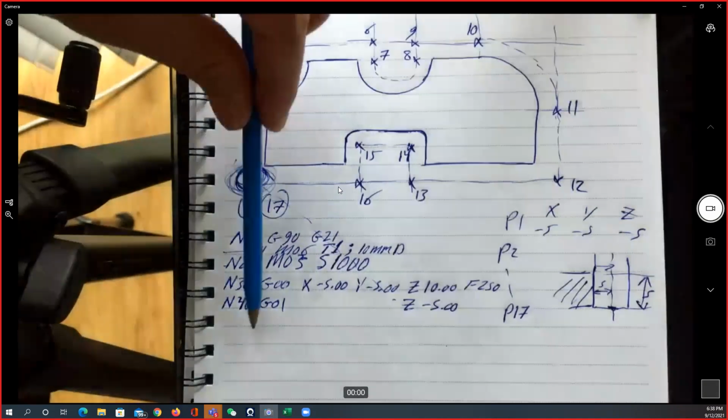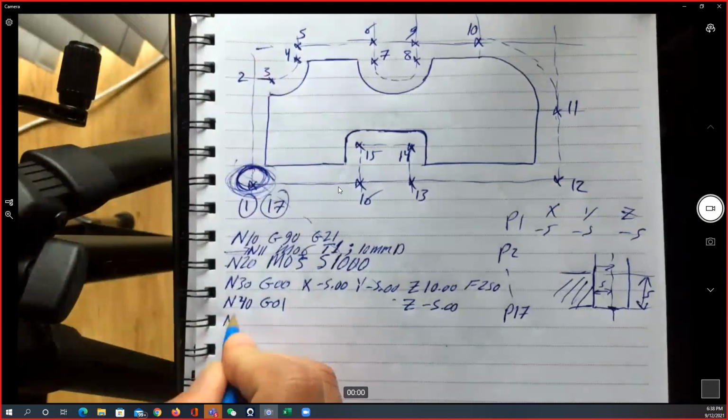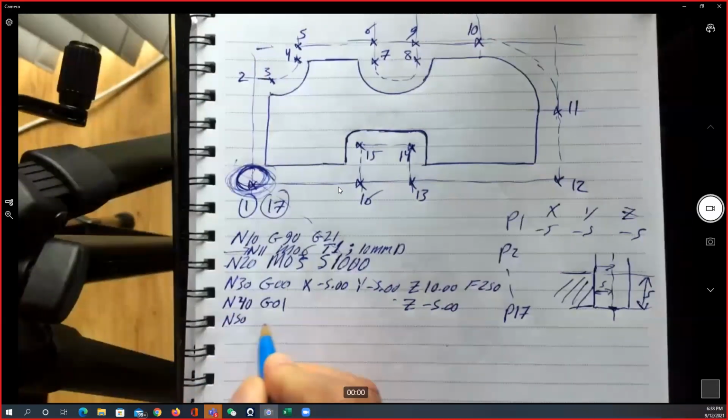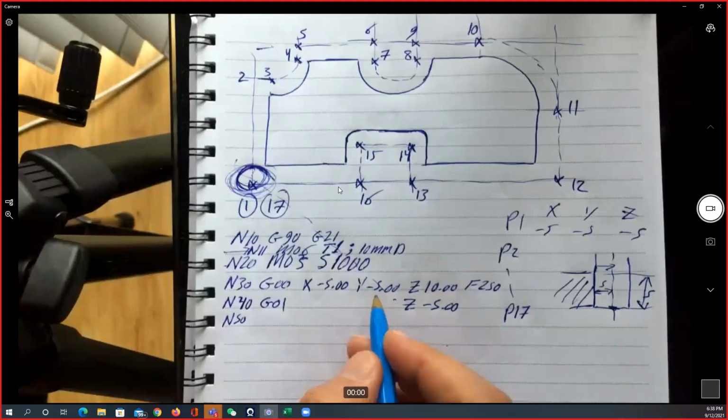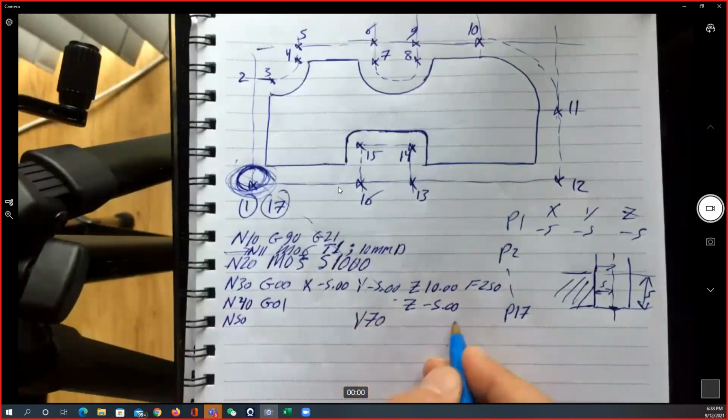So you're only going to write down N50, G01 is the same, X the same, the Y is going to be 70. I may change the feed rate to be 200. Z is going to be the same.